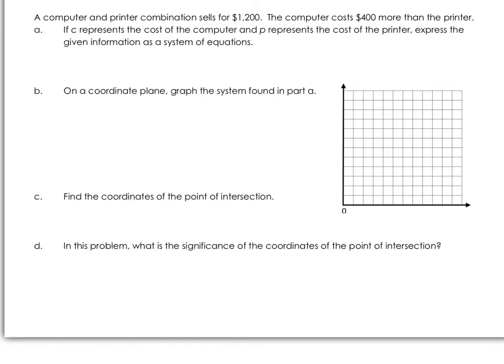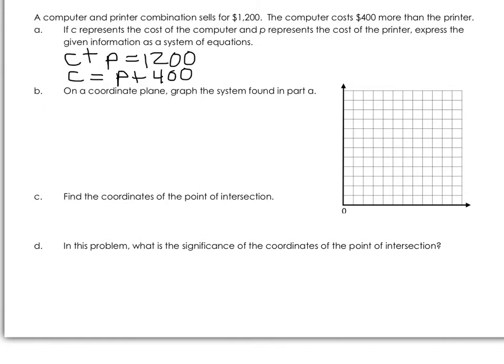Our first sentence says a computer and printer combination sells for $1,200. The computer plus the printer sells for $1,200. Our second sentence says the computer costs $400 more than the printer. "More than" means add, $400 more than the printer.